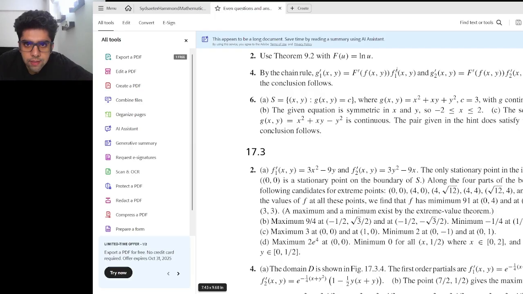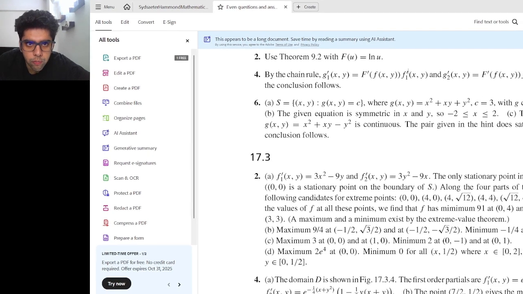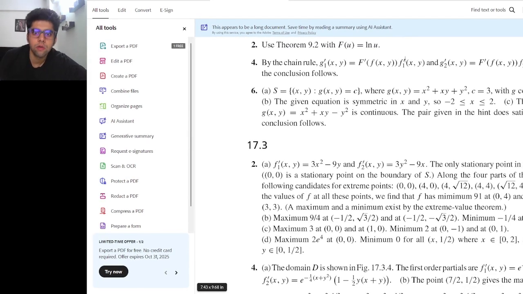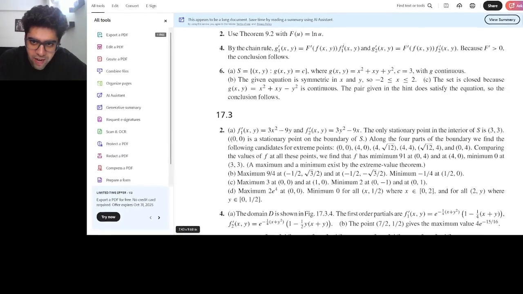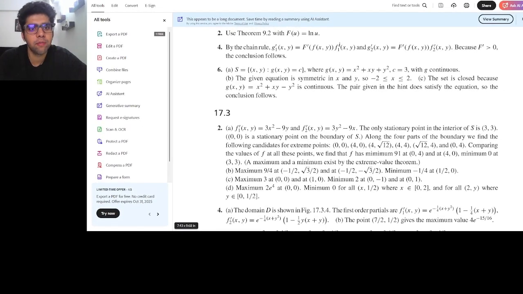Second question, part D: maximum is 2e to the power 4 at 0, 0, as I showed you guys, and then minimum 0 at x, y equal to half, where x is lying between 0 and 2, and also y is equal to 0, 2. I am not able to see the other edge here. Yes. And for all 2, y, where y is lying between 0 and half. Right. So our answer was correct.